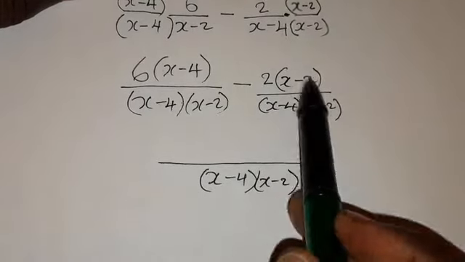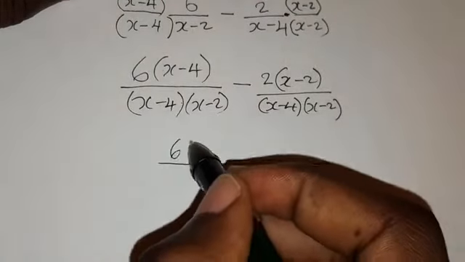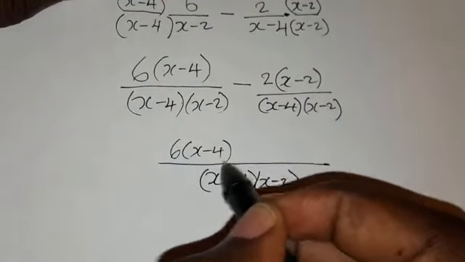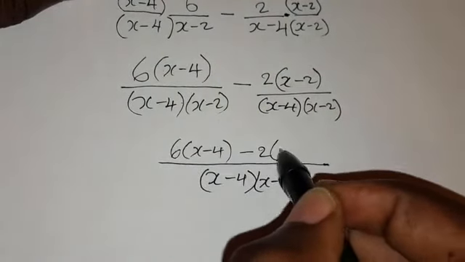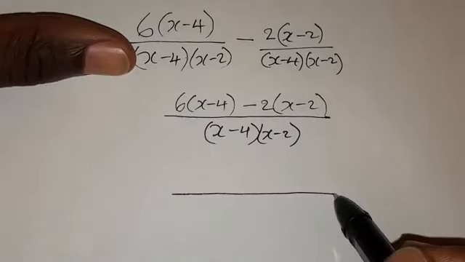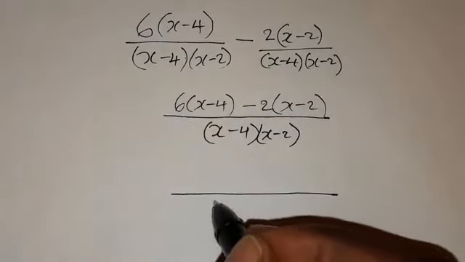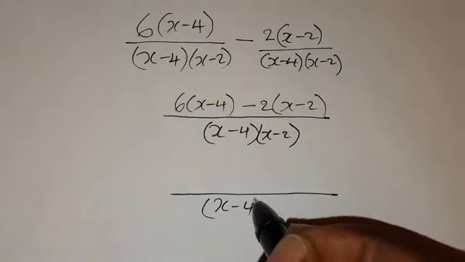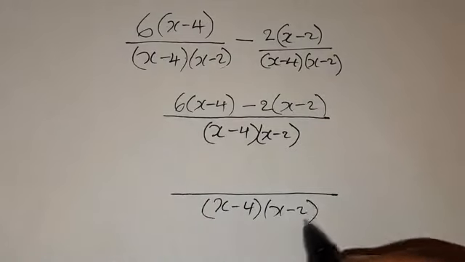Then we pick the numerators as they are. So we have 6 times x minus 4, minus 2 times x minus 2, and the denominator will remain the same: x minus 4, x minus 2.